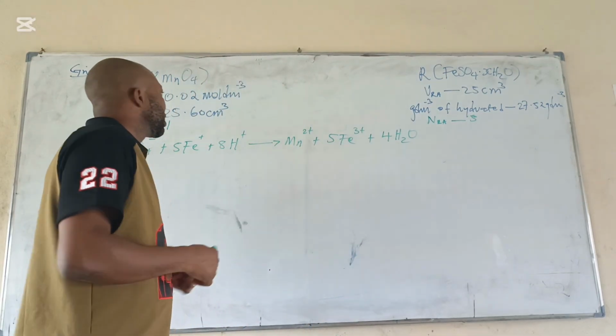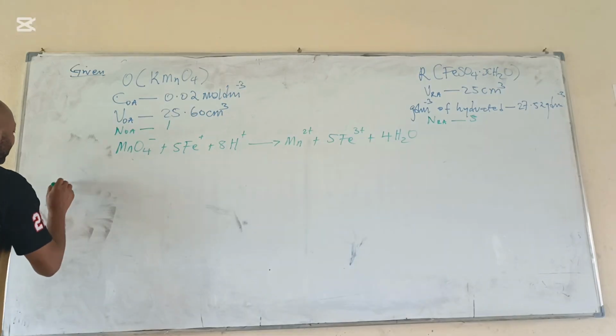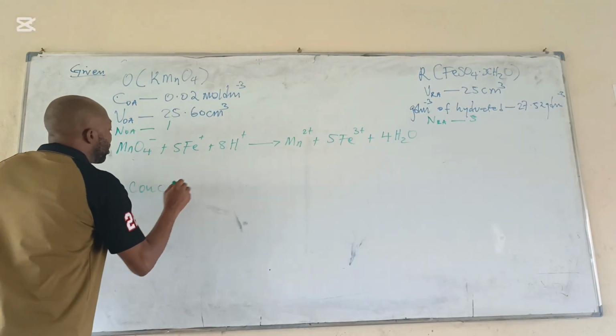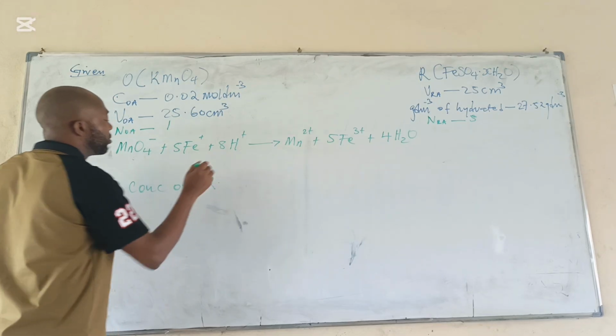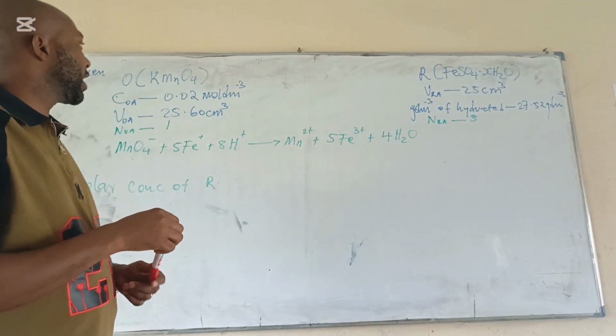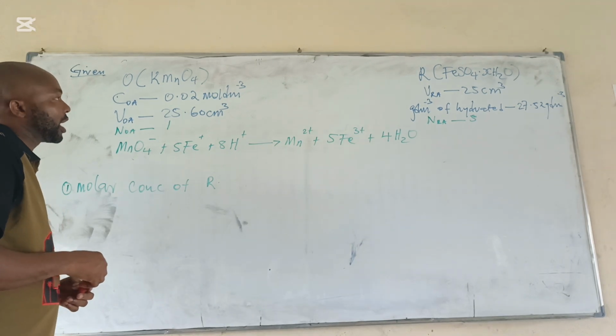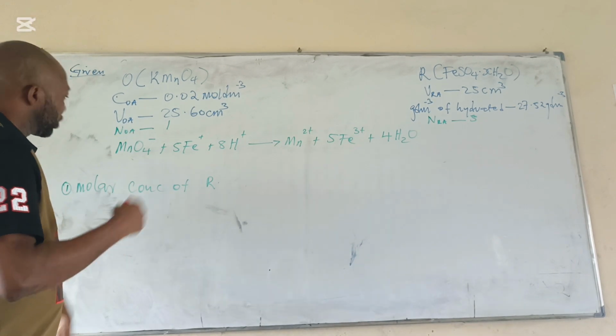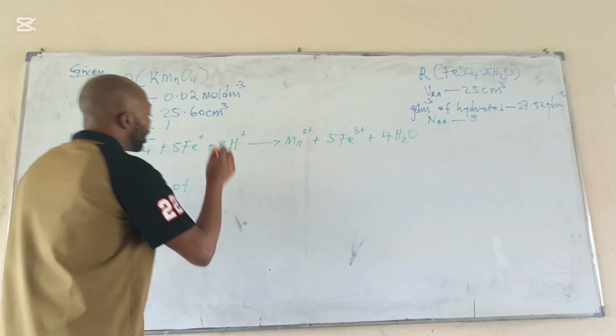Let me take this. So 1, molar conc of R, reducing agent. For us to get the molar conc of the reducing agent, we're going to use the formula COA VOA over CRA VRA. So now let's proceed.